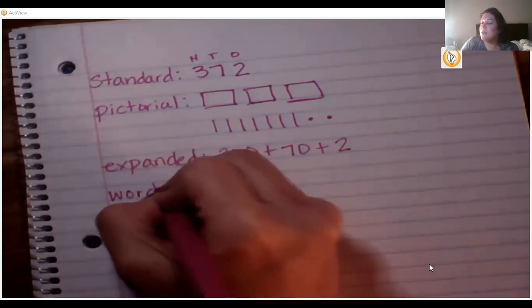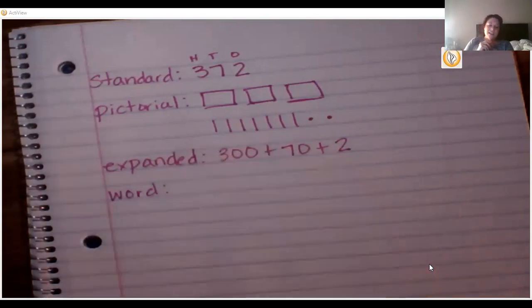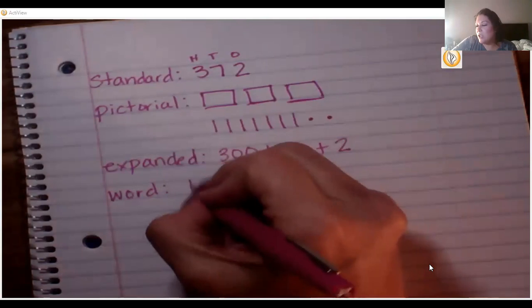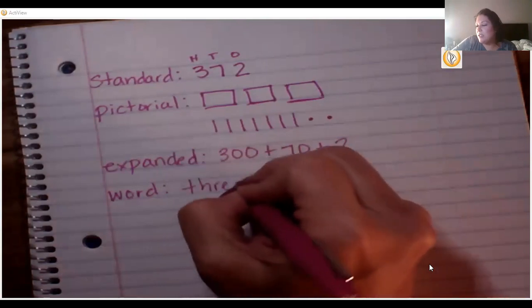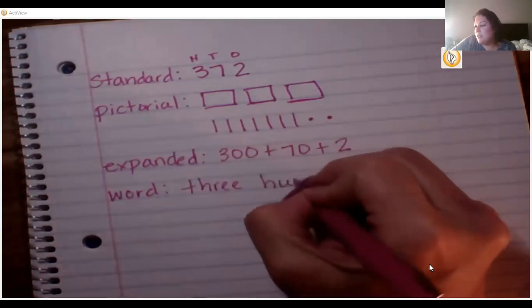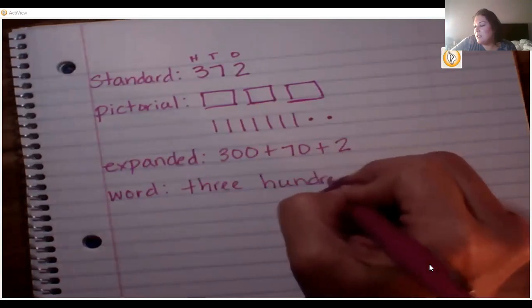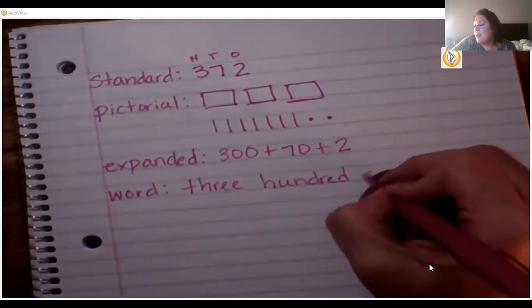Remember, this is actually very easy. I do not take off for your spelling, but I want you to have those basic words spelled correctly. This is where you write the number just as you would say it with your mouth. So this number is 372.